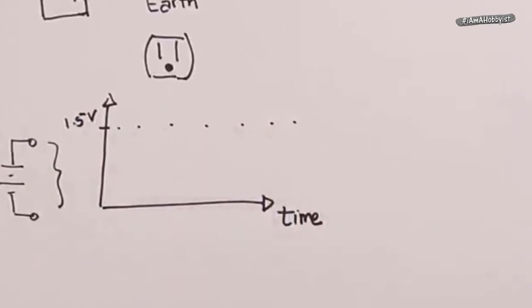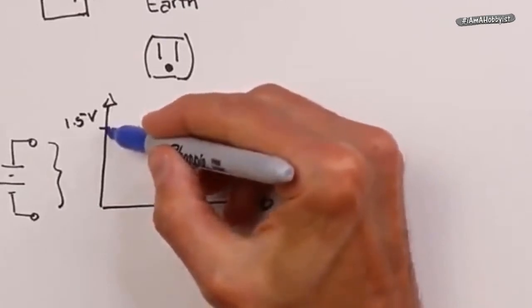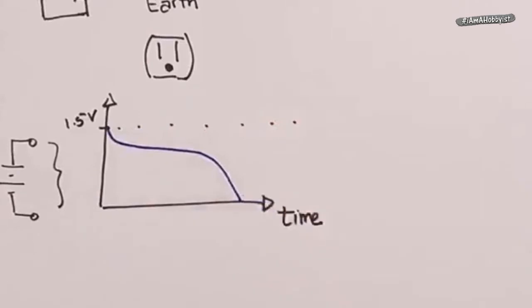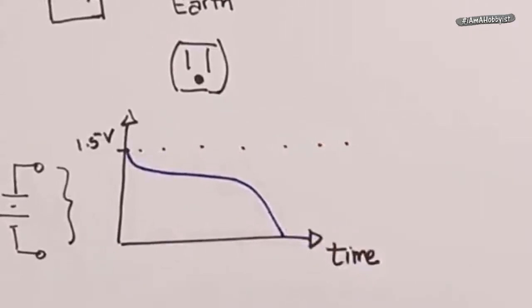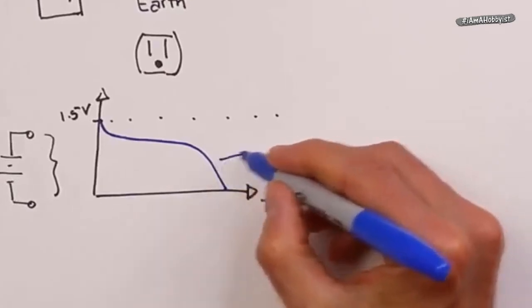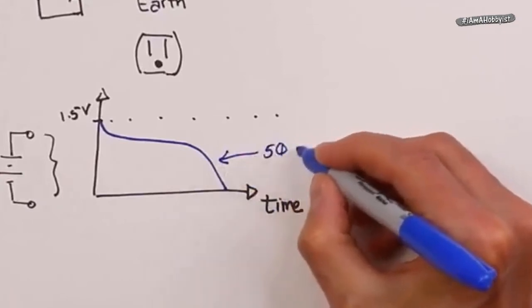But that's not really what happens. Instead, what we will find is that it immediately starts to drop, it sort of levels off, and then suddenly it kind of dies seriously on you. That would be for a certain current draw. So if we said, for example, just to throw a number out, this is drawing 50 milliamps of current.